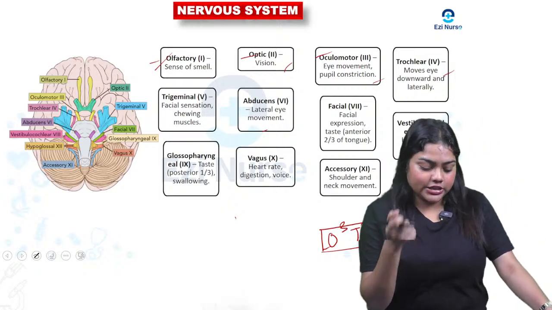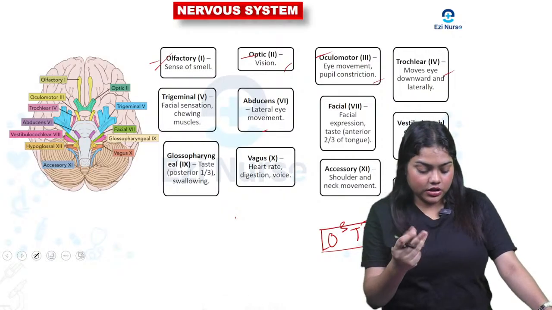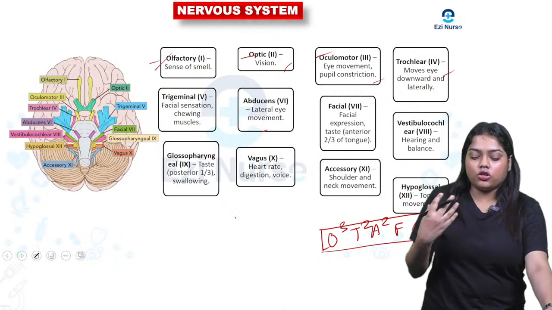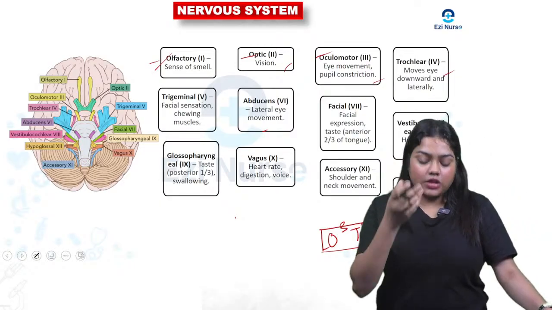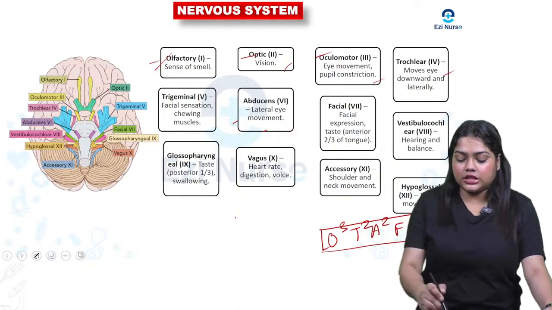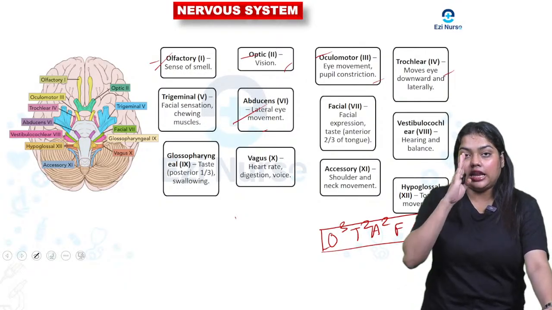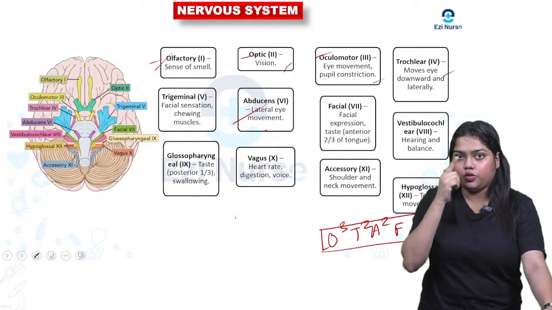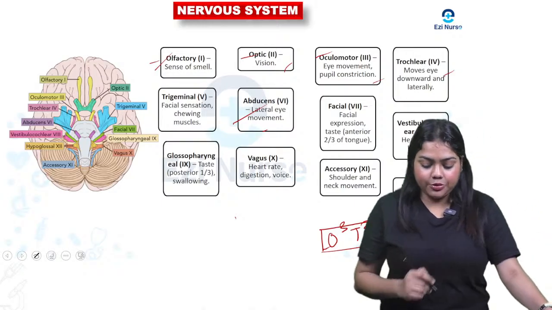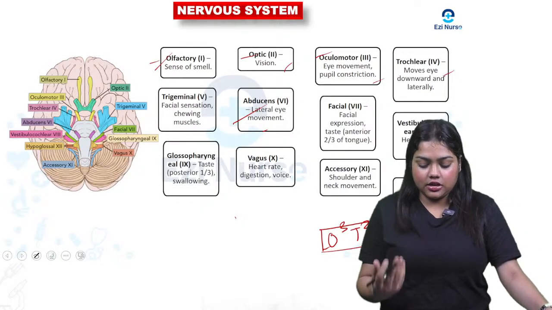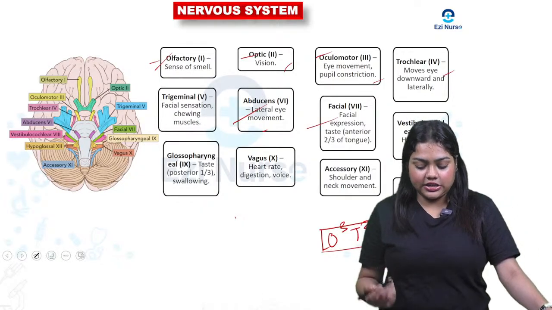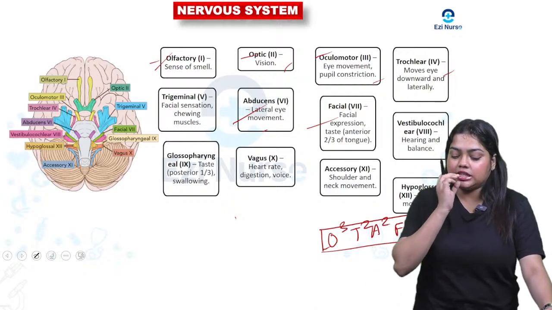Next is trigeminal. Trigeminal is the 5th nerve, which controls facial sensation, chewing and the muscles of the face. Come to abducens, it helps with lateral eye movement, from here to here. This movement is controlled by the abducens. Now facial: the facial nerve helps with facial expression and taste, especially the anterior part.